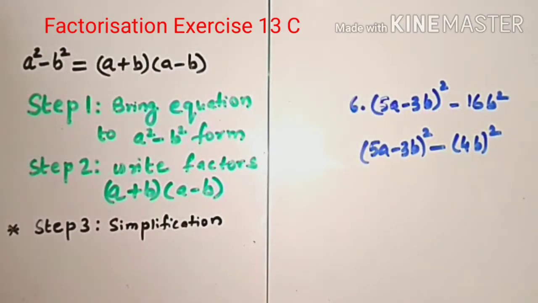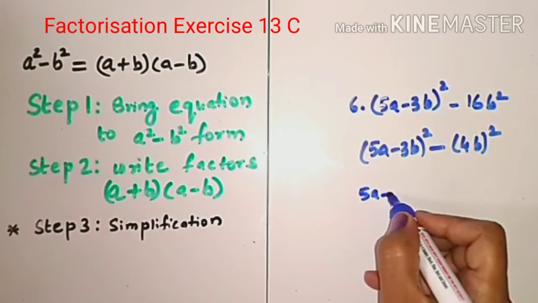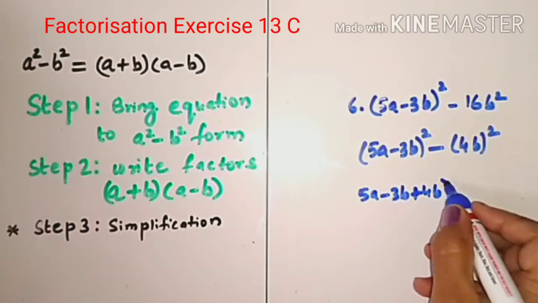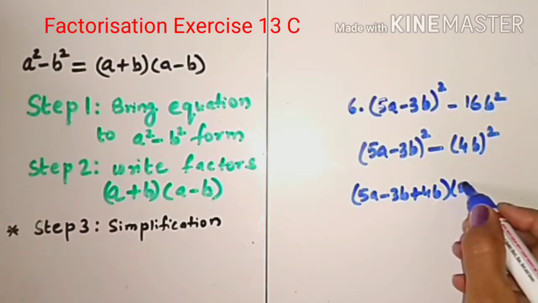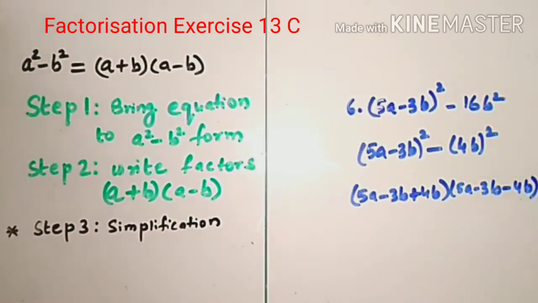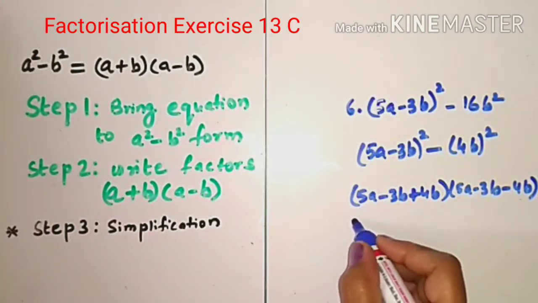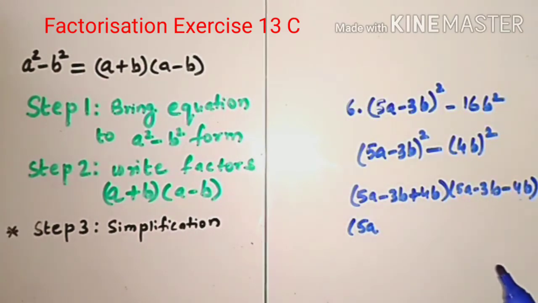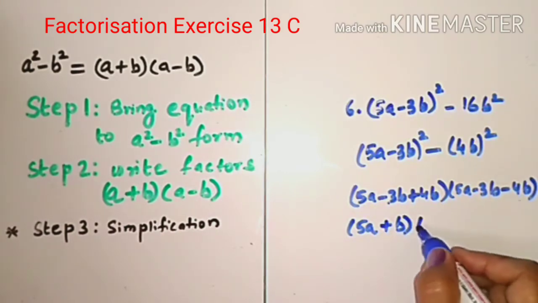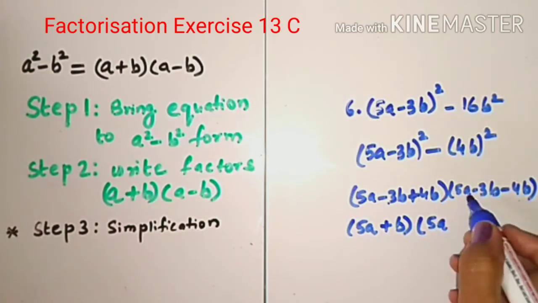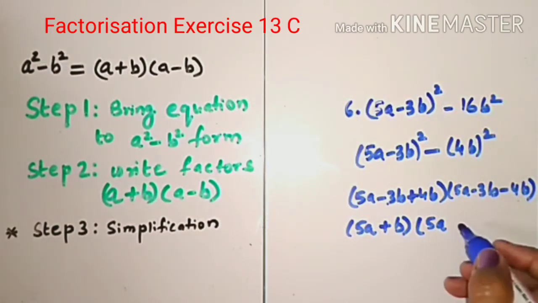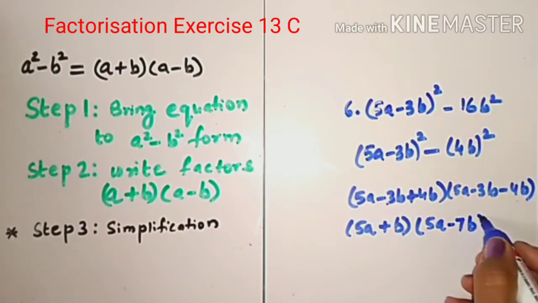Now we have to write factors: (5a minus 3b plus 4b) in one bracket, (5a minus 3b minus 4b) in second bracket. 5a will remain same, minus 3b plus 4b will give us 1b. 5a remains same, and minus 3b and minus 4b will become minus 7b.